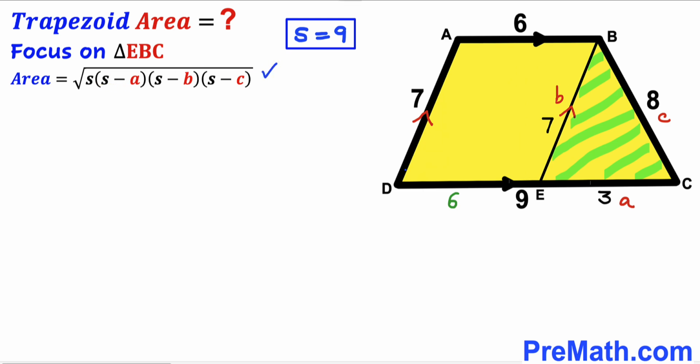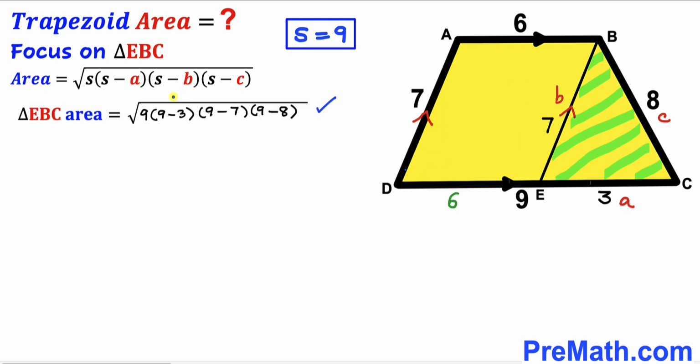Our s value is 9. I'm going to put down 9 times 9 minus a value, which is 3, 9 minus b value, which is 7, and finally 9 minus c value, which is 8. As you can see in this next step, I have substituted all those values, and this is going to be the area of this triangle EBC.